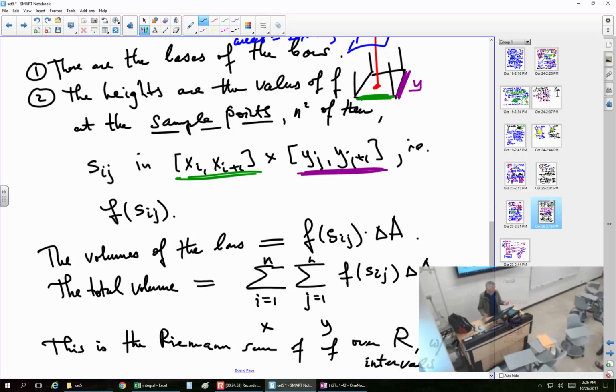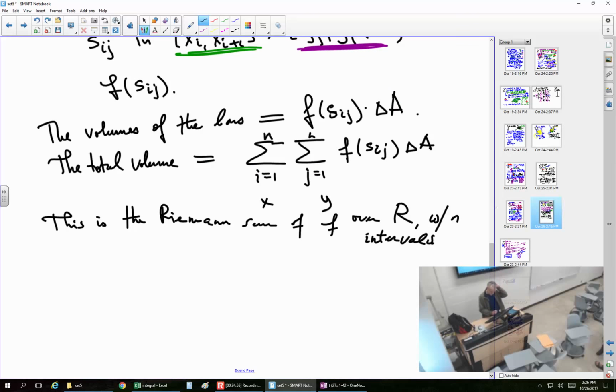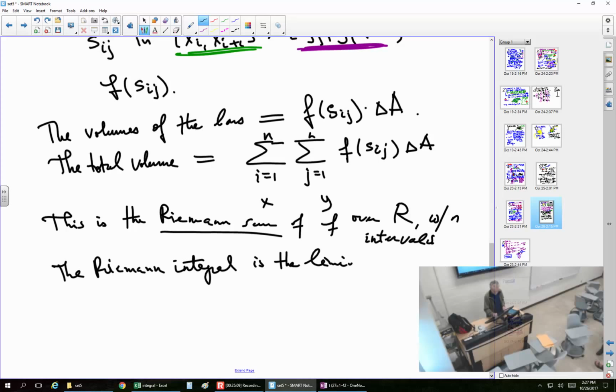And then the last step, once again very similar, is the Riemann integral. If the limit of all the Riemann sums exists as n goes to infinity, the notation is a double integral.